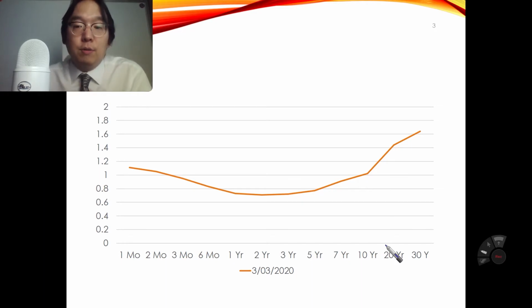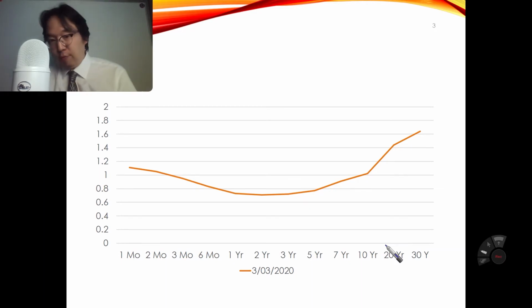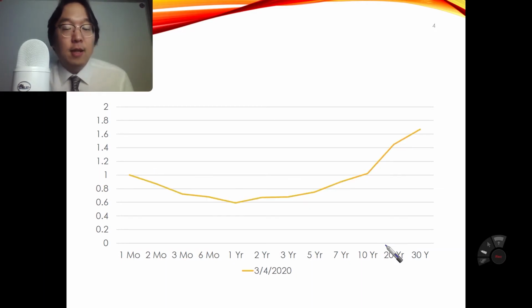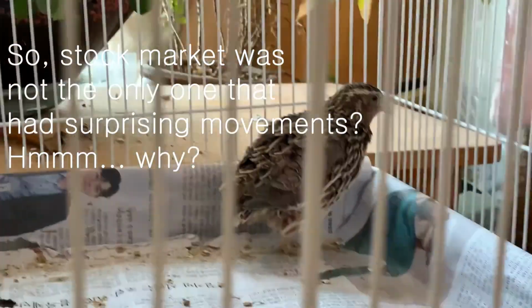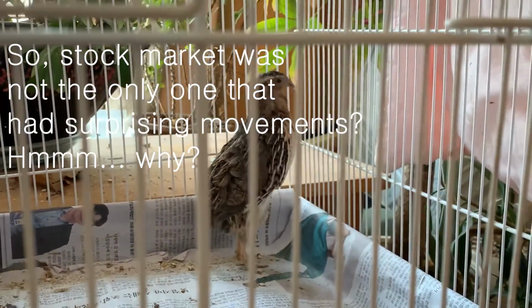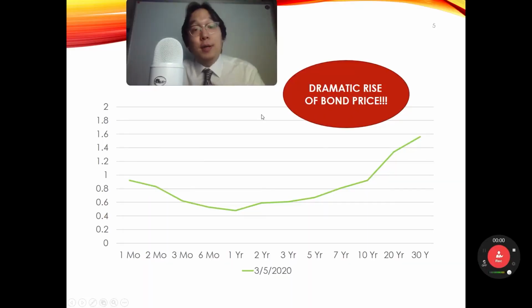Right, so if you go by day, March 4th, the bond market will get surprised if the yield to maturity changes more than 1 basis point, one tick by tick.